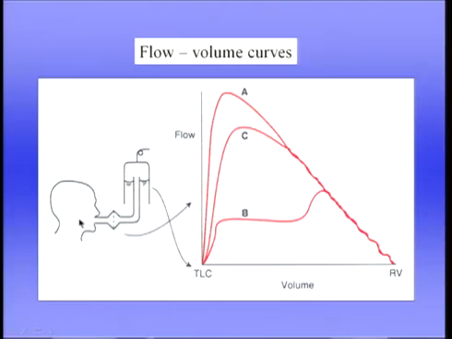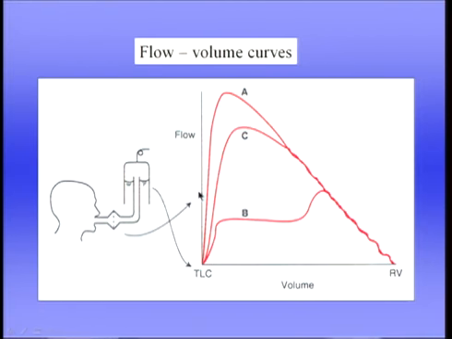In fact, it's only recently been fully worked out, but it's desperately important, and so I'm going to spend some time on it. Now, suppose we have a subject here who is breathing into a spirometer, as we can see, and we're measuring the volume from the spirometer, and we're also measuring the flow from the flow rate.